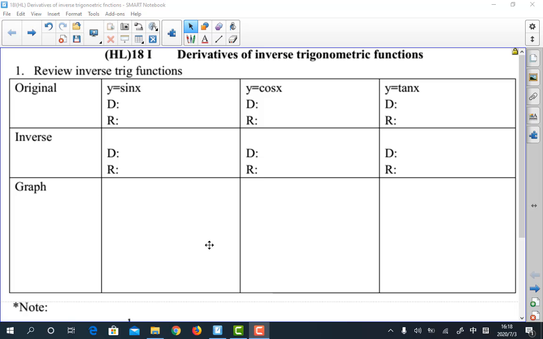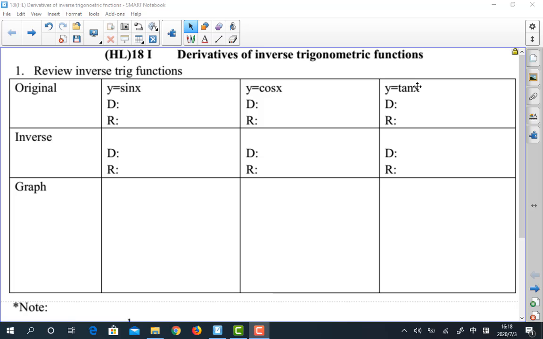I want to give you 5 minutes so you can pause the video, try to go over each basic trig function, like y equals sine x, y equals cosine x, y equals tangent x. If you want to also go over y equals cosecant x, y equals secant x, y equals cotangent x, feel free to do so.